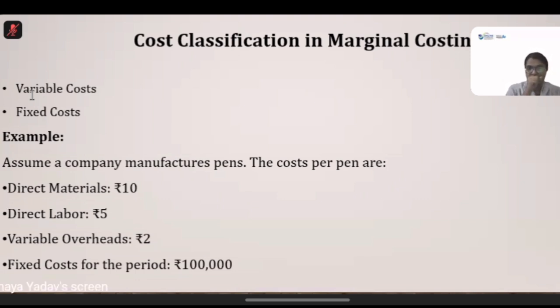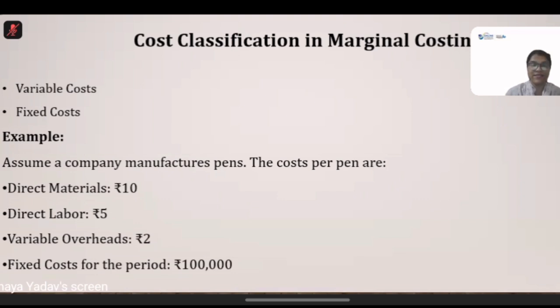So when you talk about marginal costing, students, only the variable costs are used when you determine your product cost. But when you want to determine the period part, you will consider the fixed cost entirely when they are incurred. Okay.